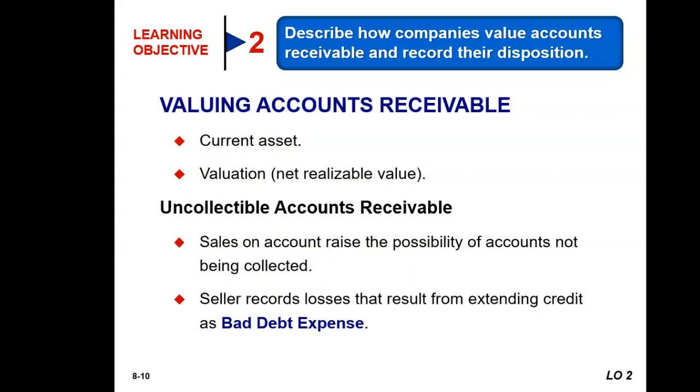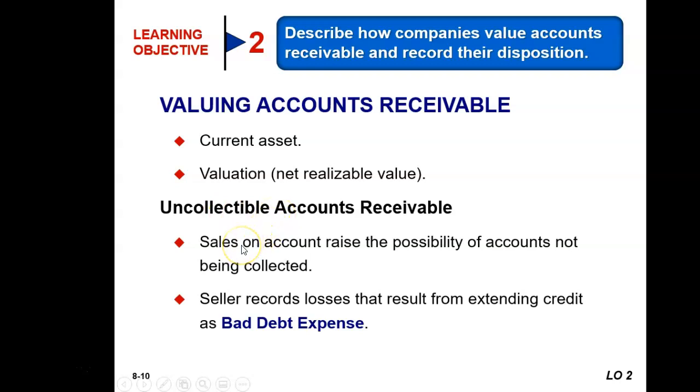So when it comes to a receivable, it is a current asset reported on the balance sheet. However, we understand that not all of our receivables will be collected all the time from all of our customers. We have what's known as uncollectible accounts receivable.